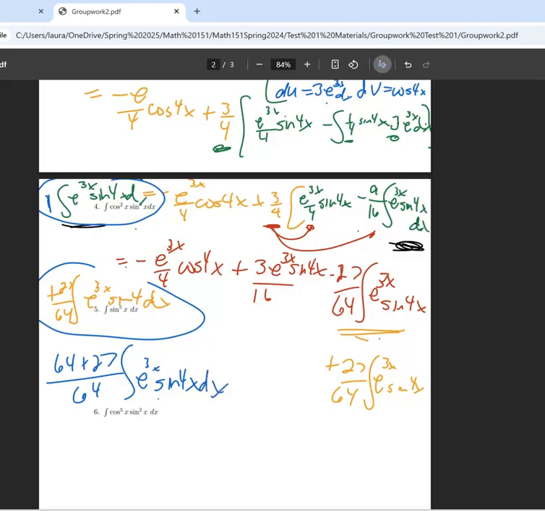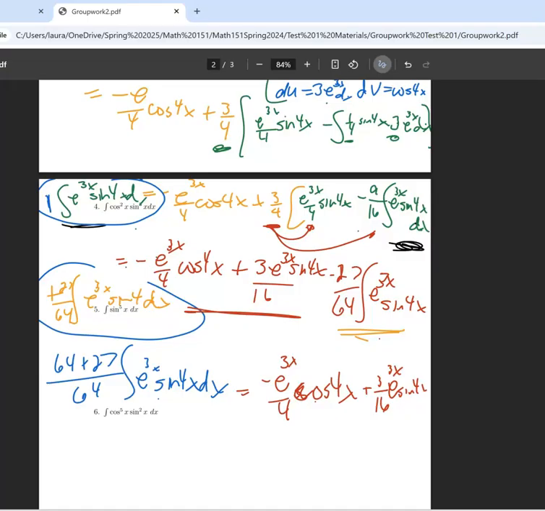And then I'd still have that equal to, let's think about what's left over here. I'd have these two things, right? Negative e to the 3x over 4 cosine of 4x. And then I'd have a plus 3 over 16 e to the 3x sine of 4x.